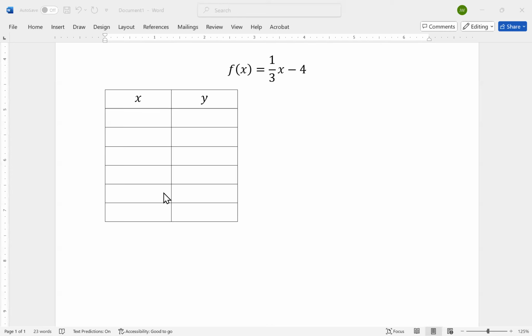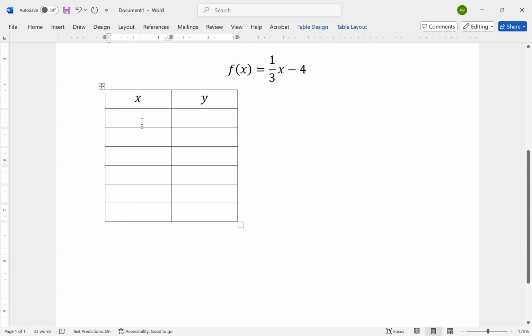So I've set up a table, again, just to help me keep track of the organization, but I'm going to plug in whatever values I want in for my x. So maybe I'll plug in a value like -3. I could plug in a value like -1 as well. I want to show you the difference between plugging in a -3 in this case and plugging in a -1 in this case.